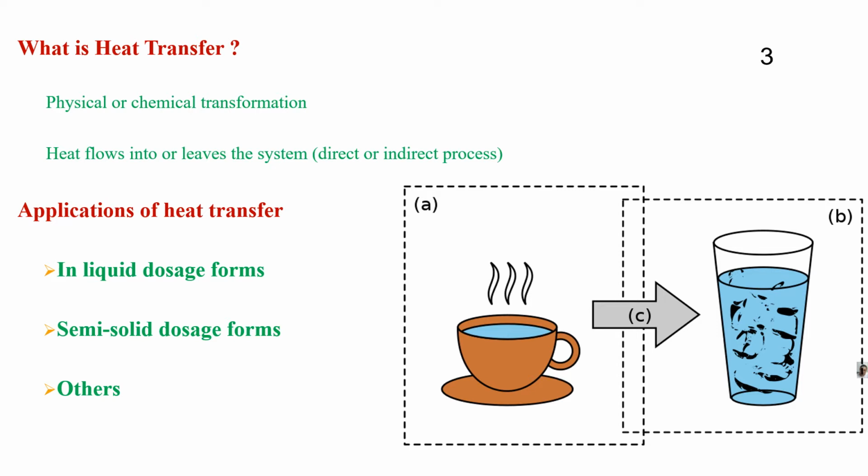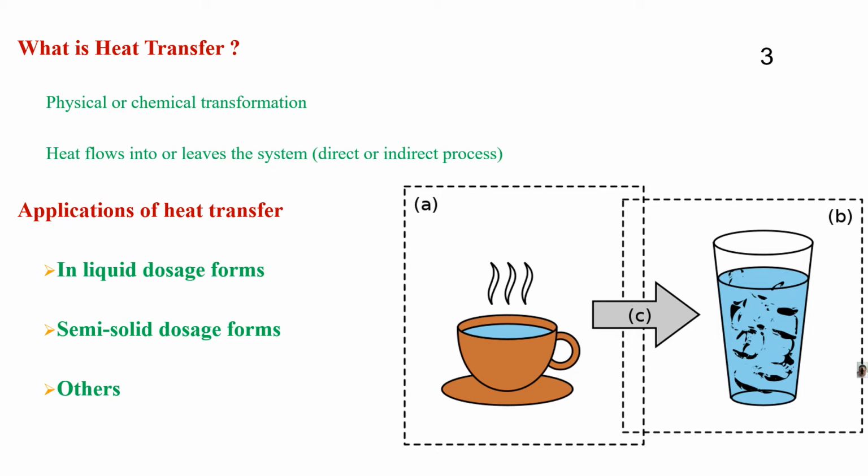Suppose we are producing tablets, there we have to dry the samples or granules, there we have to apply transfer of heat. Other than the drying process, we can apply the transfer of heat during other unit operations like distillation to convert the liquid to vapor, and therefore individual components will get separated at different places.